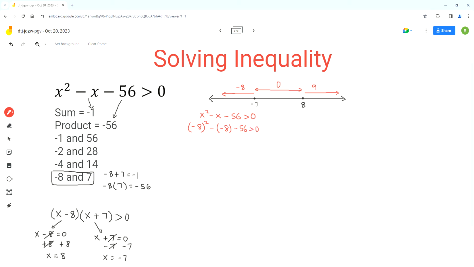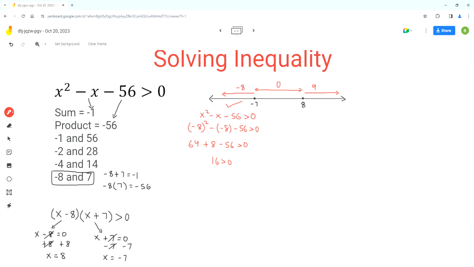So -8 squared is 64, and then minus -8 becomes +8, minus 56 is greater than 0. 64 plus 8 is 72, and then 72 minus 56 is equal to 16. So 16 is greater than 0, which is true because 16 is a positive number. So that means the inequality holds true on the left side of the number line.